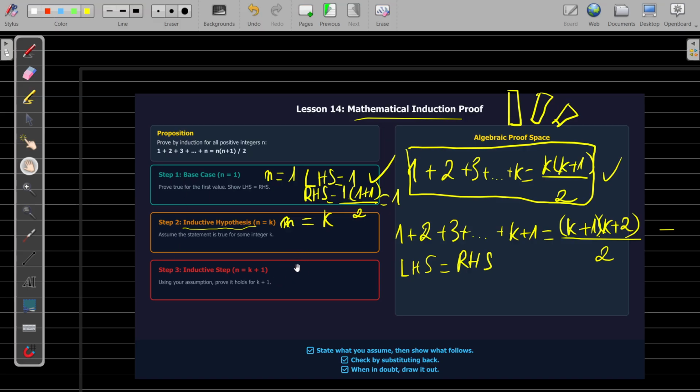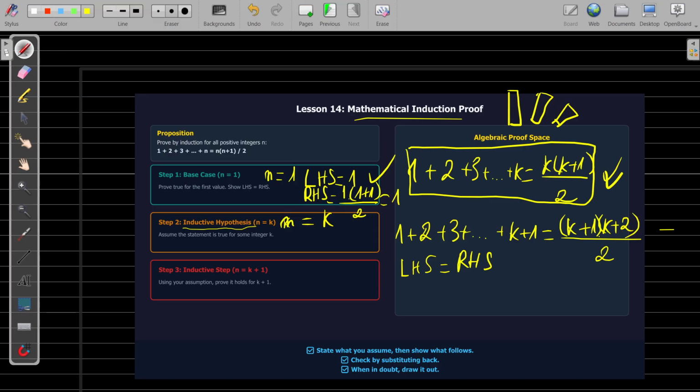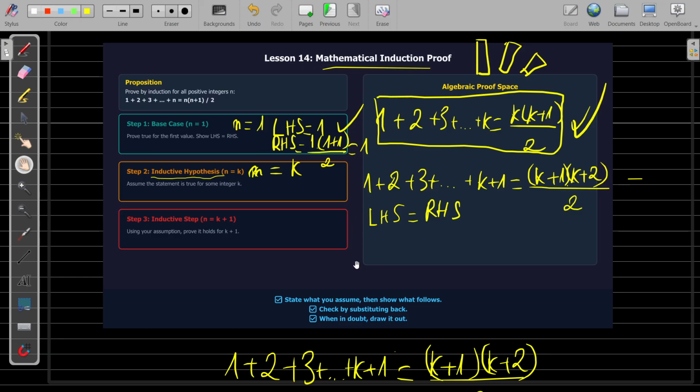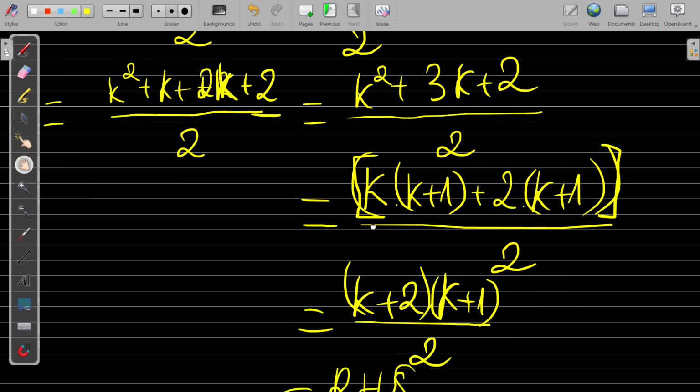If you skip the second step, or if you did not show a clear hypothesis, examiners see that and they go, well, we really need to see something that you assumed, so something like this is really needed. And number 3, jumping to the answer without showing the algebra. This is a proof problem, so you need to show the full algebra here.